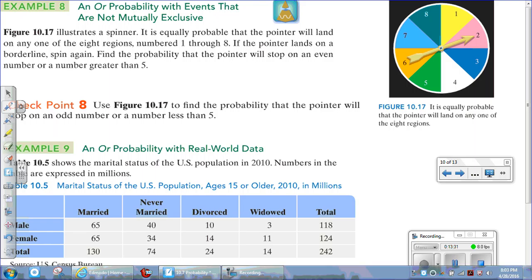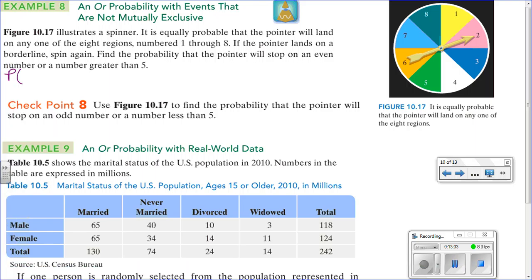So let's write it down. What is the probability of getting an even number or a number greater than 5? I'm going to break this down into 2. We have or, so that would imply addition.